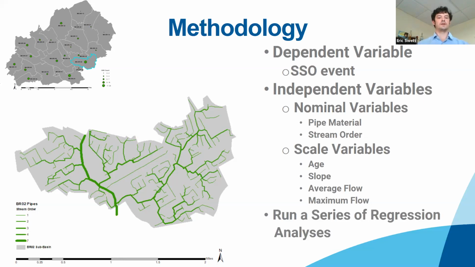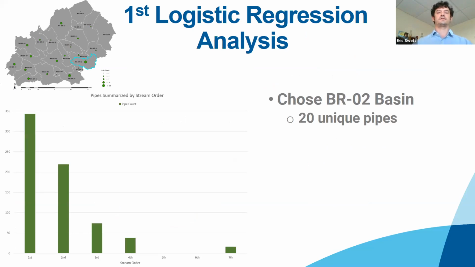So I'm going to walk you through the 4 different analyses I did with the SPS software. I first started small. I wanted to see how the model would work in a smaller area. So I chose the top minor service area in Beaver Ruin. It's the BR02 sub-basin.